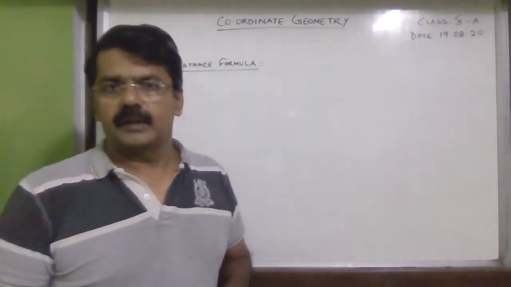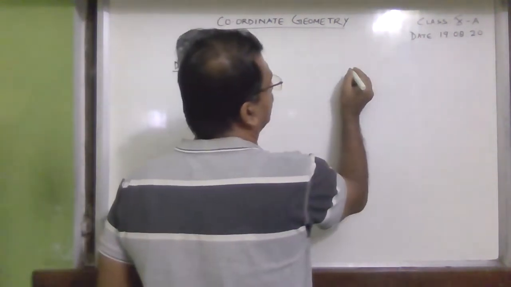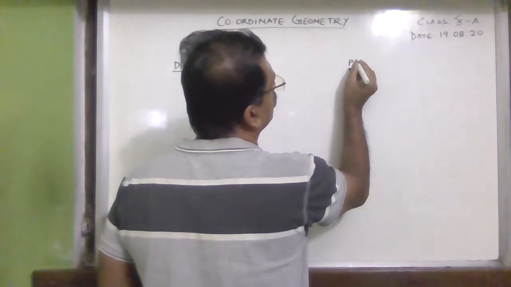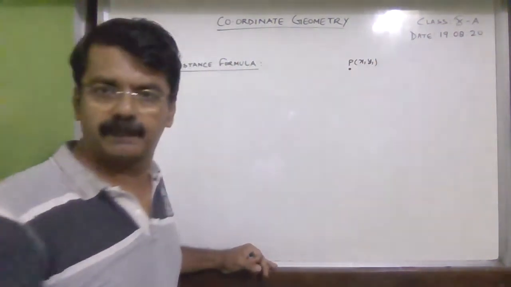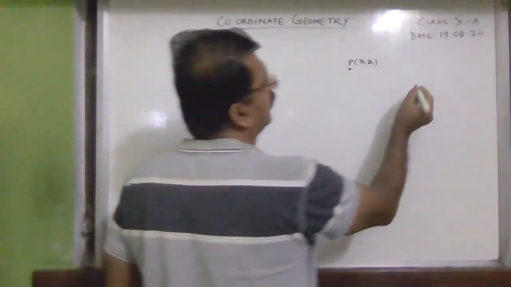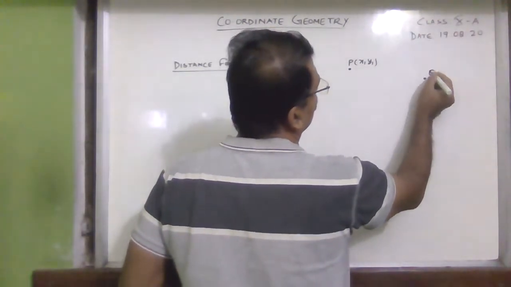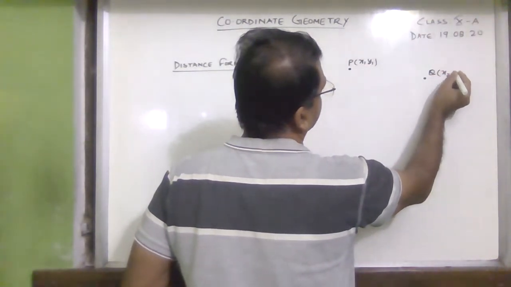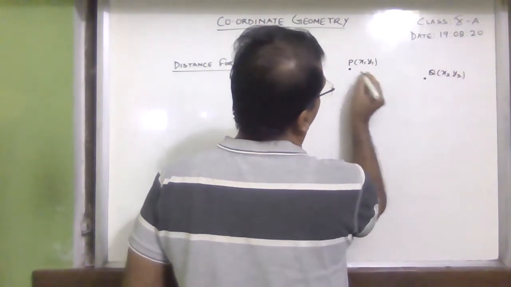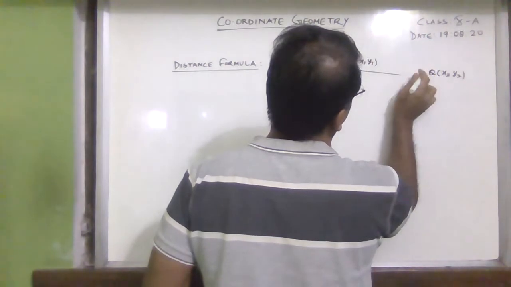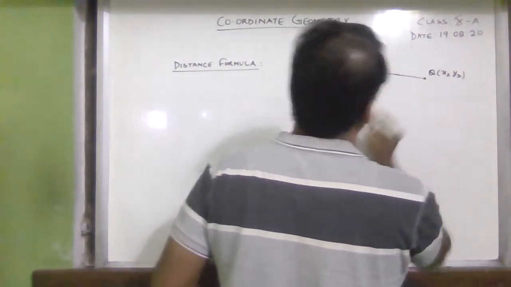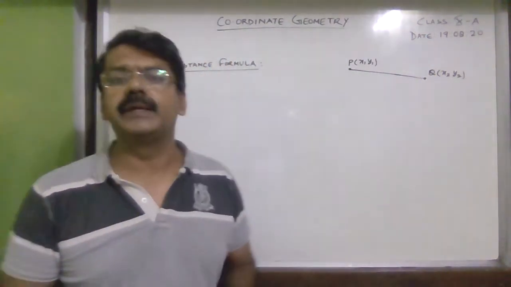Now, suppose there is a point P whose coordinates are x1, y1, and there is another point Q whose coordinates are x2, y2. And now you want the distance PQ.